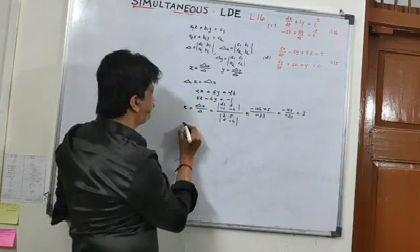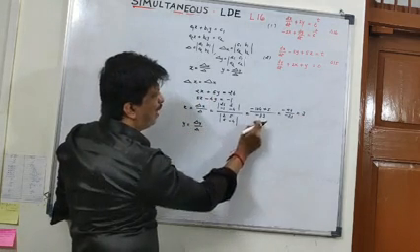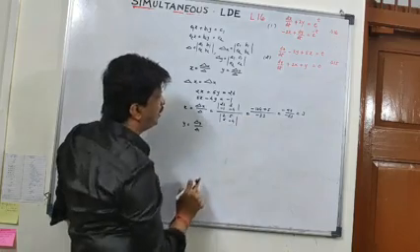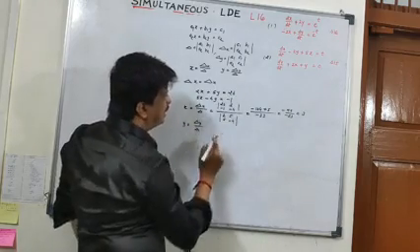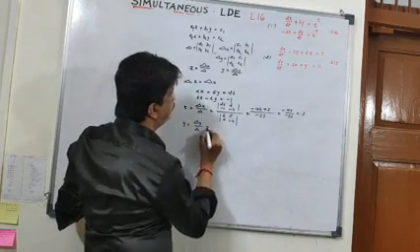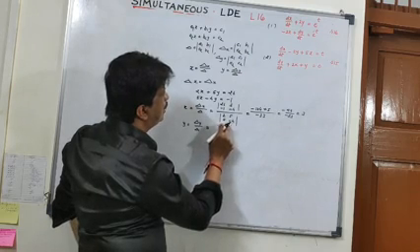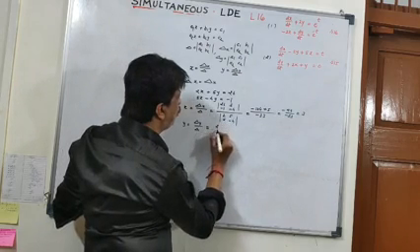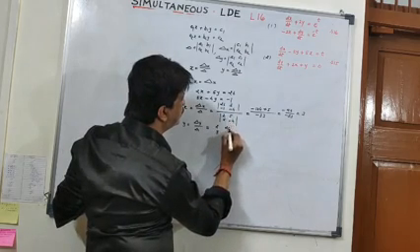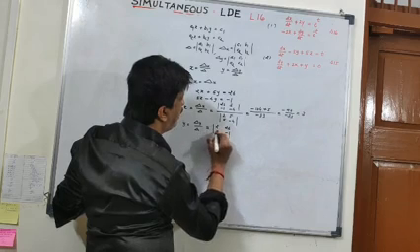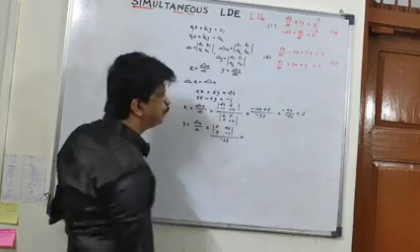What is y? Delta y by delta. The denominator is minus 33. How do we find delta y? I am replacing the second column now by 26, minus 1. The first column will remain the same, 2, 5. The second column is replaced by 26, minus 1. This is the delta y determinant upon minus 33.